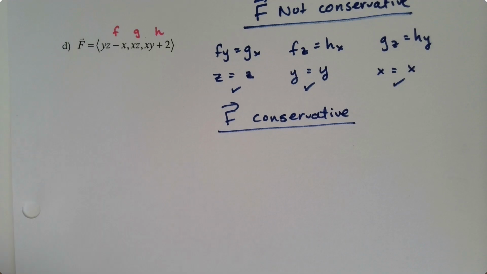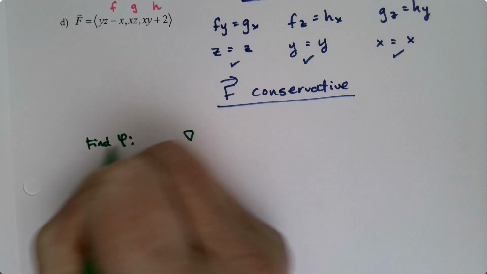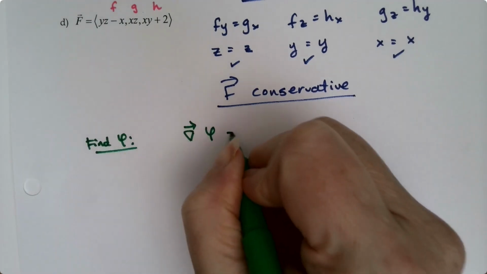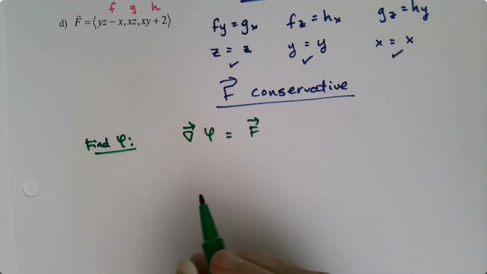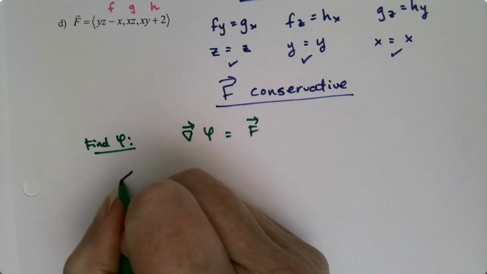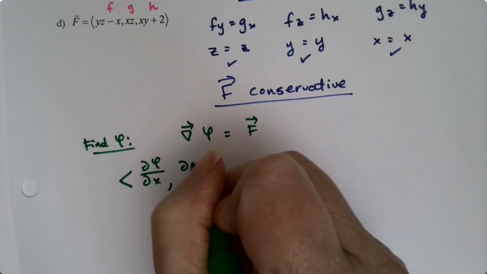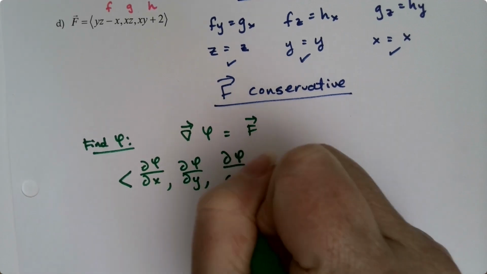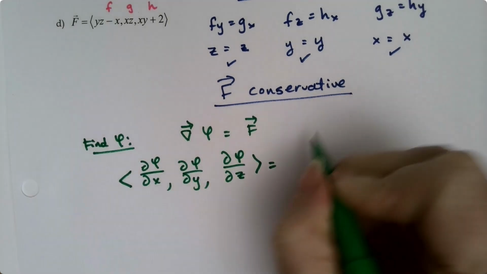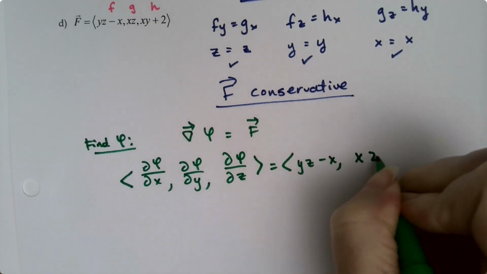All right, so let's write it out. The gradient of phi is equal to our vector field. So the gradient of phi, which is the partial derivative of phi with respect to x, the partial derivative of phi with respect to y, the partial derivative of phi with respect to z, is equal to our vector field, yz minus x, xz, xy plus 2.